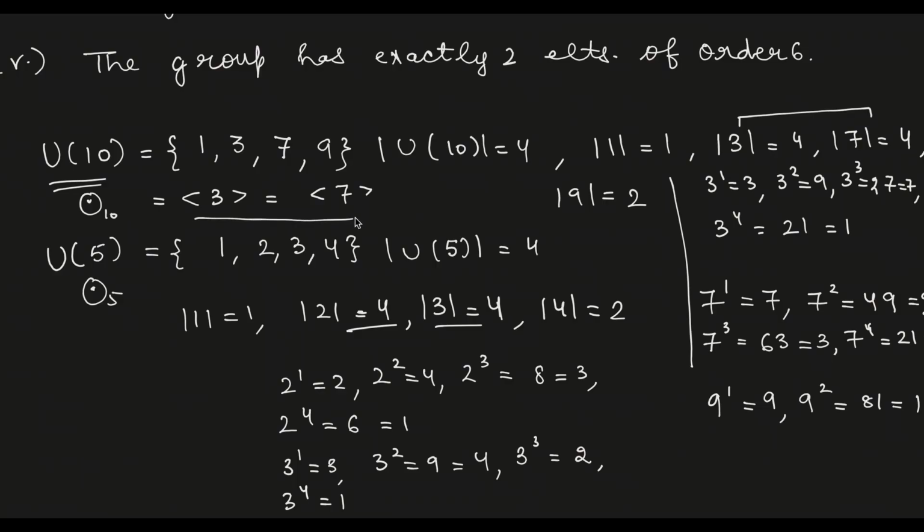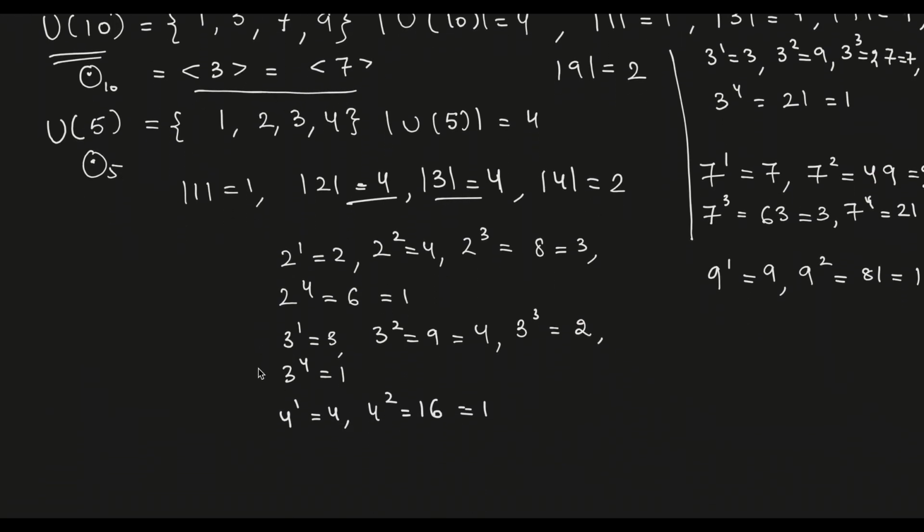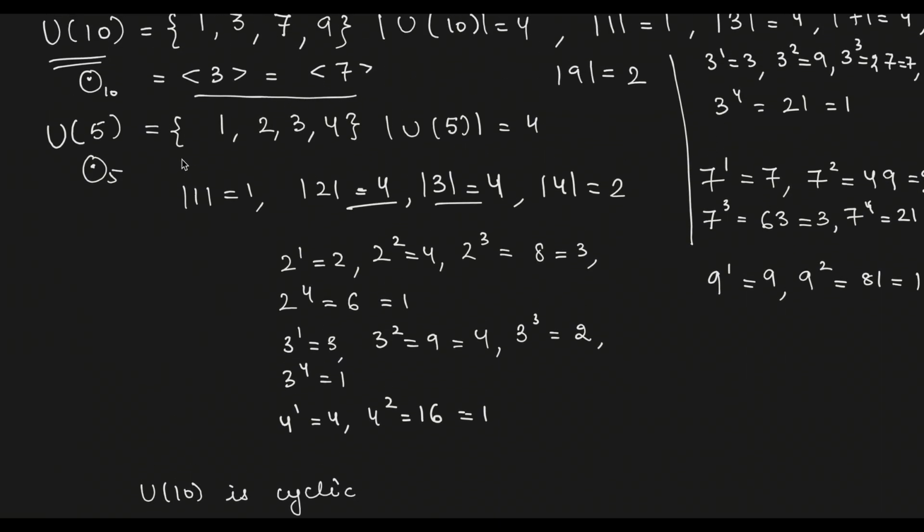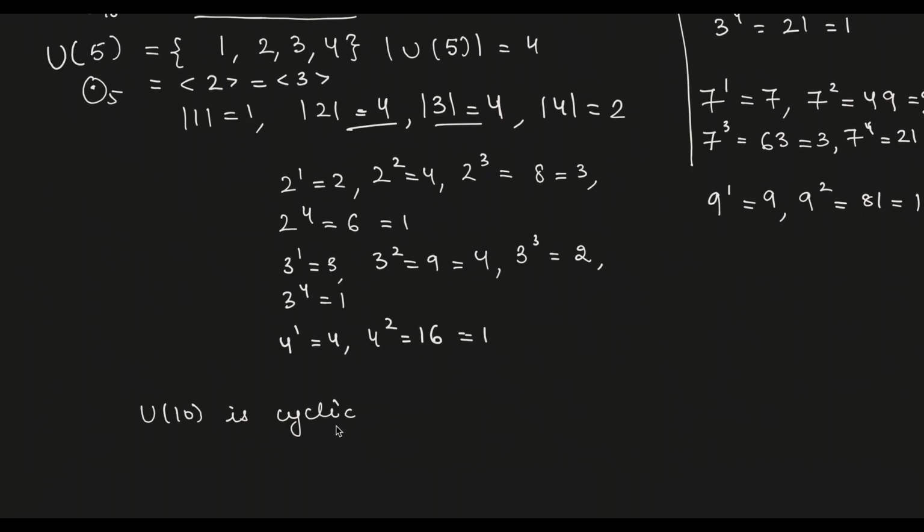So these are its generators, meaning U10 is cyclic. Similarly, generators of U5 will be 2 and 3. U5 is also cyclic.